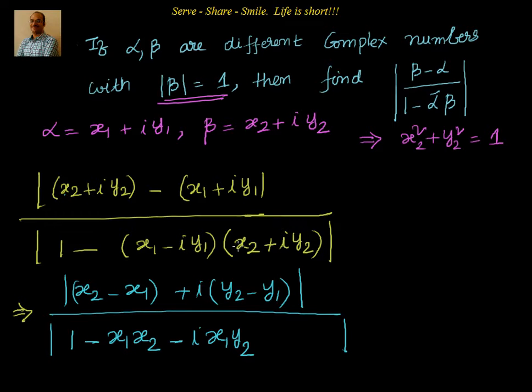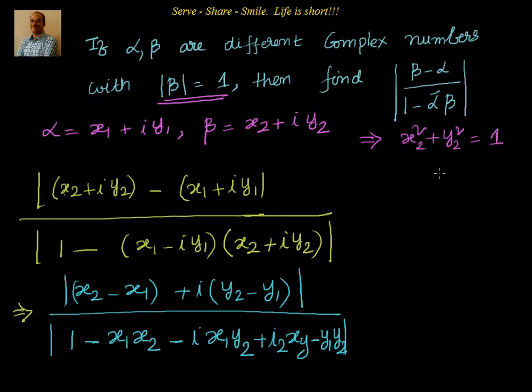After that i y1 into x2. Can I say plus i x2 y1? Then afterwards minus into minus is plus, i into i is i square y1 y2. Can I say minus y1 y2, because i square is minus 1. So let's go ahead and write it down and try to find out the modulus of numerator and denominator, and let's prove that it's equal to 1.